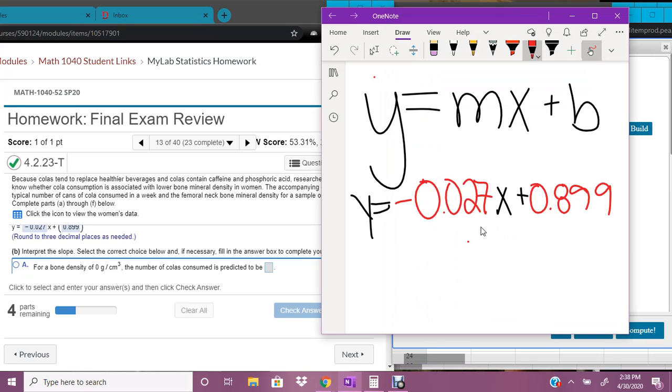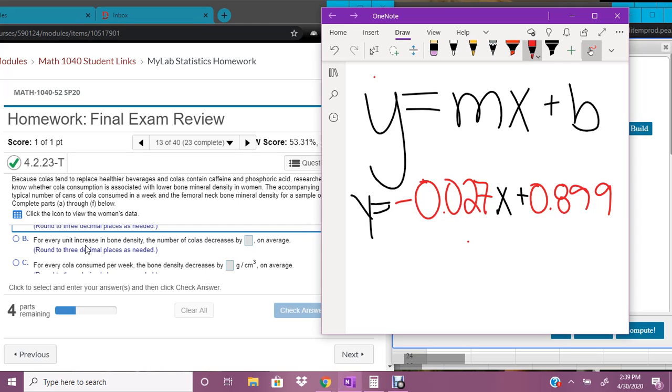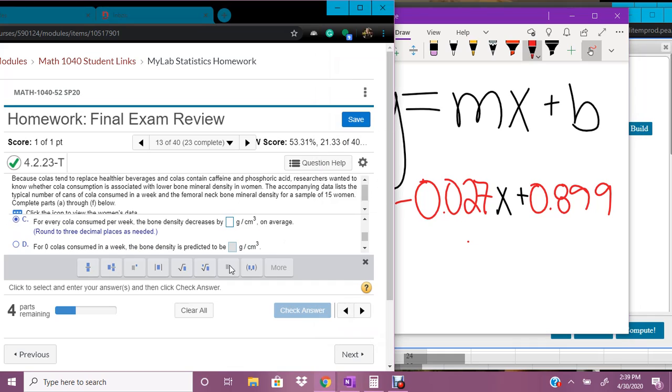Since we're timesing our slope by our x, that means that for every increase of x, we times our slope by that increase. So if there's 3 x's, then we times our slope by 3. So for every cola consumed per week, the bone density decreases by 0.027. You don't put the negative because it already says decrease.